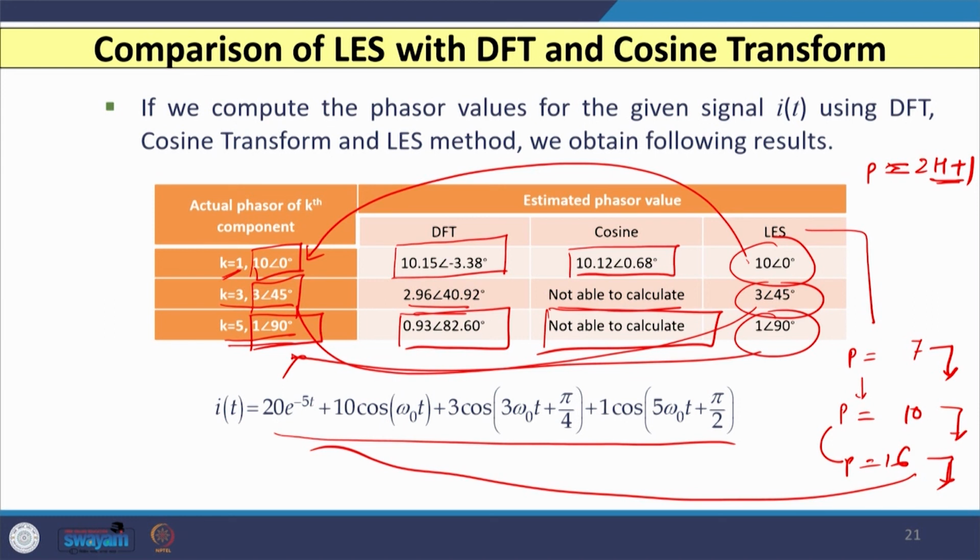After that we discussed the impact of the decaying DC component, and how LES performs compared to other algorithms like DFT and cosine transform, and we observed that LES performs better when the decaying DC component is present in the acquired signal. So, thank you.